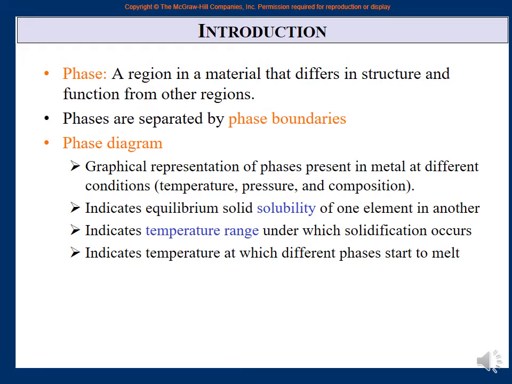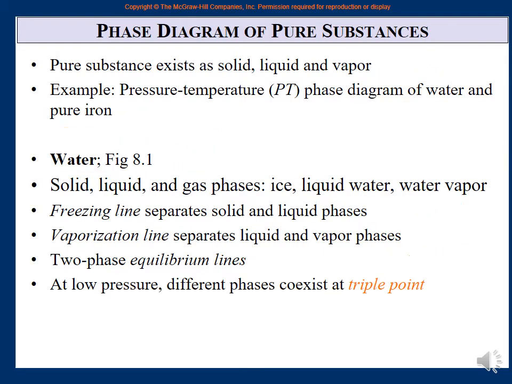So if there is a diagram or a figure which tells you about the phases inside the material, then it will be called a phase diagram. So let us go ahead and see what it is.